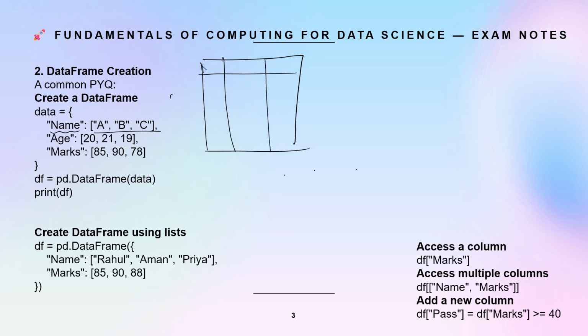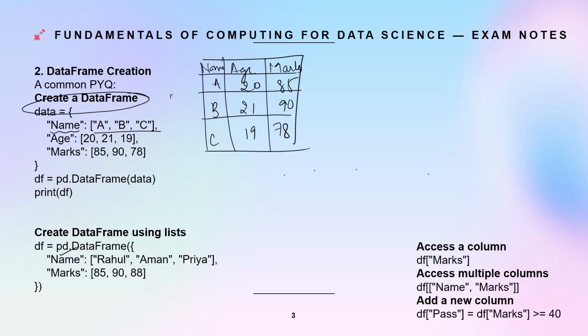Let's say this is name, age, and marks: A, B, C, 20, 21, 19, 85, 90, 78. So this is how the table would be given, and then you have to convert it into a data frame. Using lists, the difference will be that in the dictionary, the key will be the same, but in the value part, we'll be using the concept of a list.